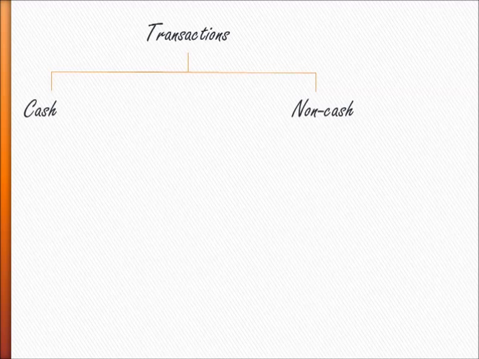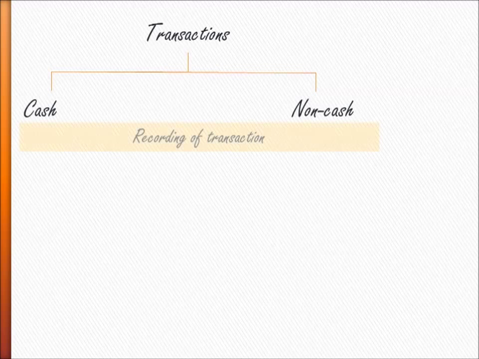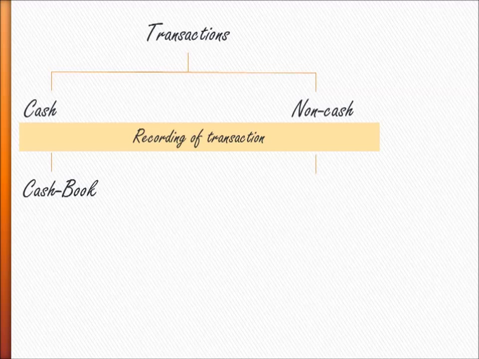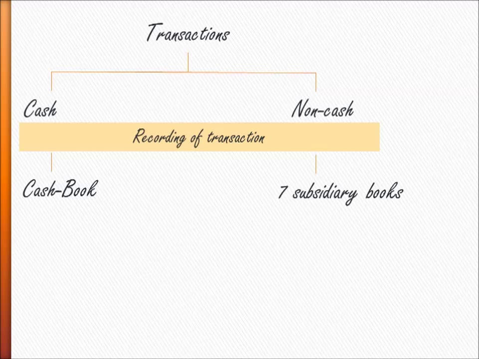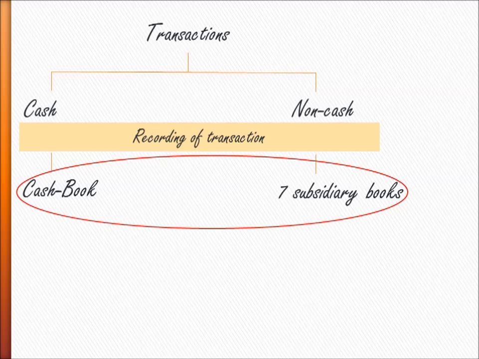So all cash transactions will be recorded in the cash book, and other non-cash transactions will be recorded in the other 7 subsidiary books. Means there are a total of 8 books. One is the cash book for cash transactions and the others are subsidiary books which are for non-cash transactions.